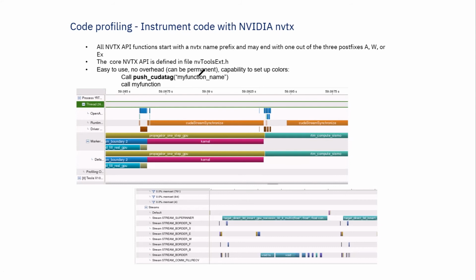What you would do is you push a tag on your function, and then when you run with the profiler, you directly have the name of the function instead of kernel, blah, blah, blah.